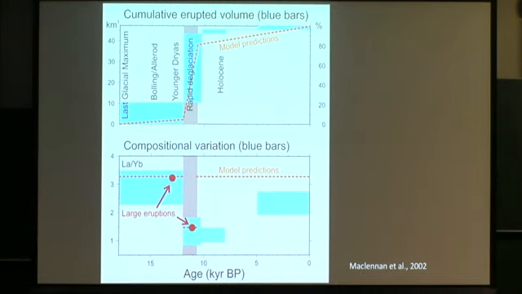And what you can see is that at the time of deglaciation, there was a huge increase in eruption rates, or volcanic productivity is probably the right way to express that, in that about 40 cubic kilometres of material was erupted, so about 80% of the total volume of material generated through the last glacial cycle that is still preserved came out just in this rapid burst of volcanic activity just as the ice was unloaded from this region.